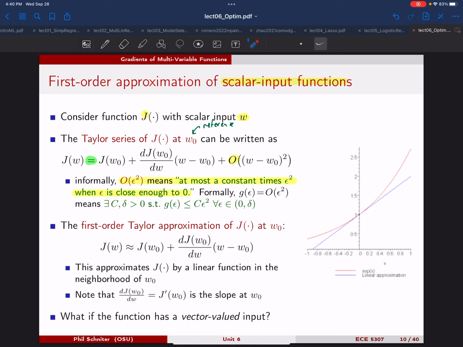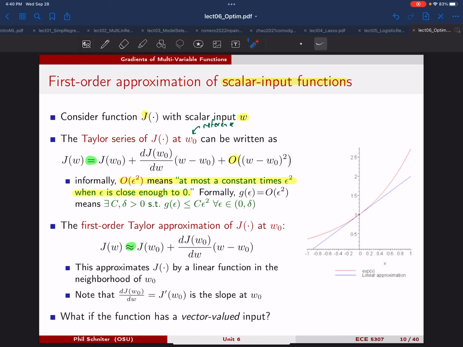But if you want to approximate it, you can just leave off this term, and you just have the constant and the linear term. So now you have an approximation. These are not equal, but they should be close when this term is near 0, so when W is near the reference point.